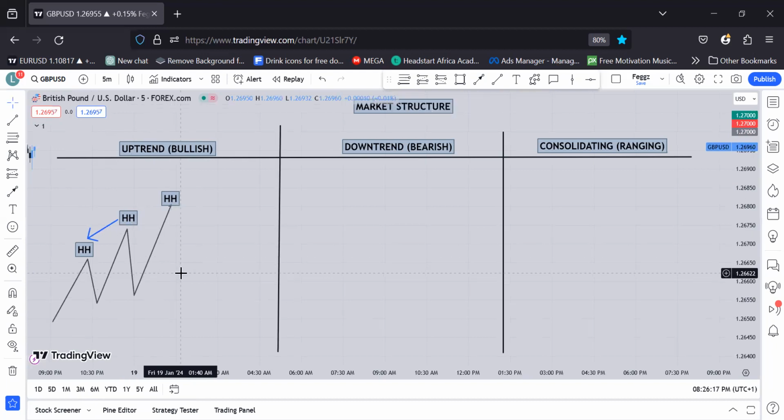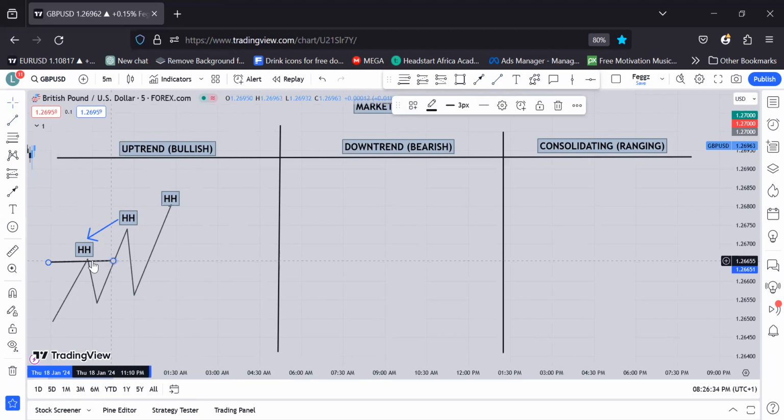All right. So how do you truly confirm that this is a higher high? Number one confirmation. What did I say? To confirm that you have a higher high, number one is that it must break through the previous high. So this line I just drew marks the maximum point of this higher high.